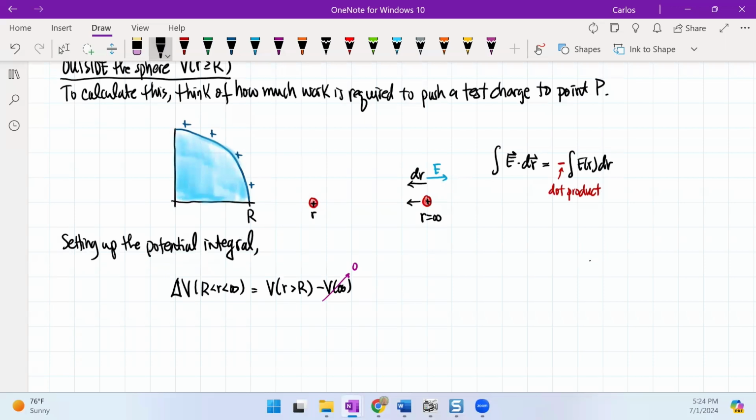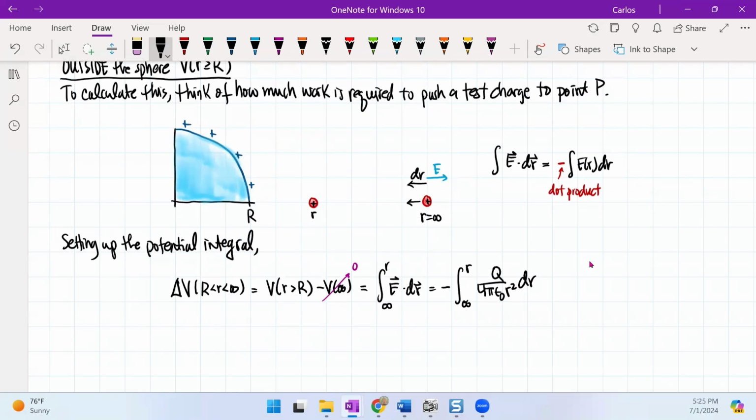So then I look at my integral, and it goes E dot dr, and we're coming from infinity to r, and then we get a minus sign like we talked about before. Then I put in the value for the electric field, which is q over 4 pi epsilon r squared, and then I have to integrate 1 over r squared.